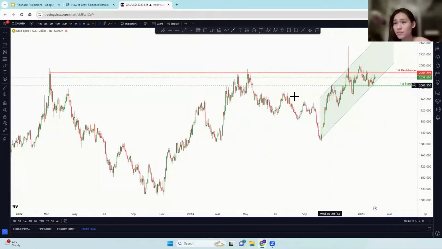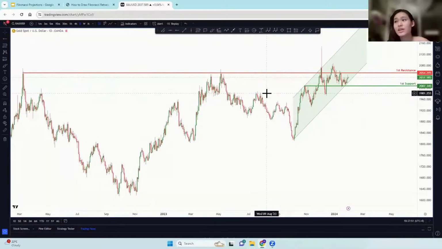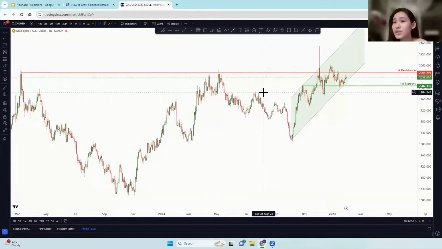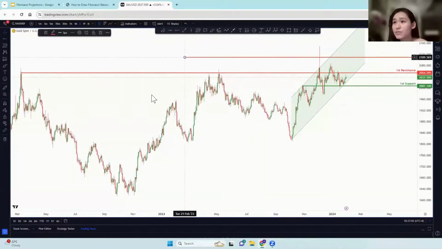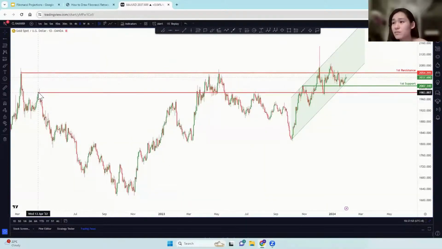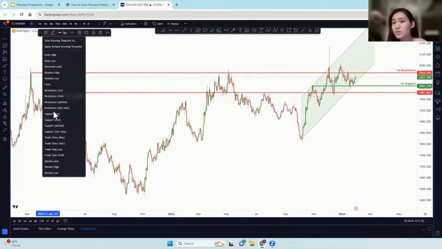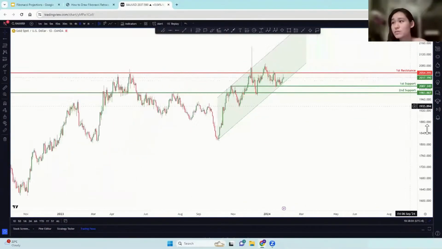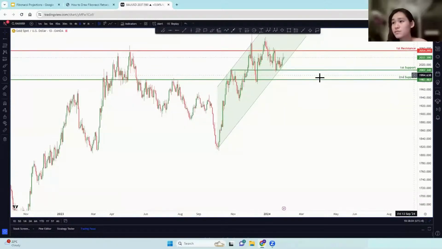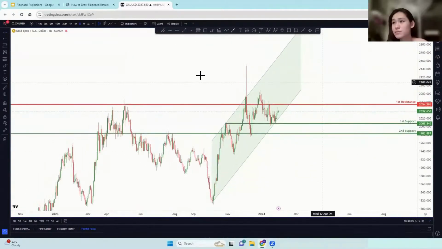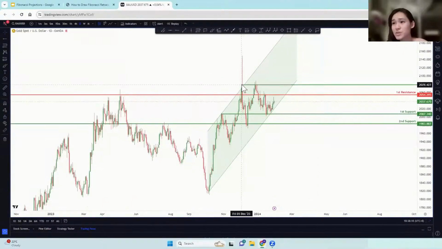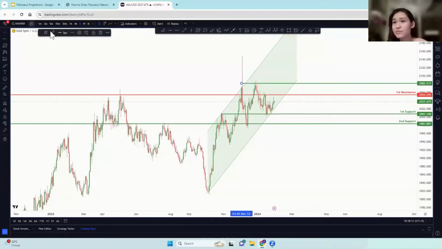Because the more times price has tested that level, the more likely it is to reverse off of it again. Okay, so this would be my second support. And then my second resistance would just be at this week high.